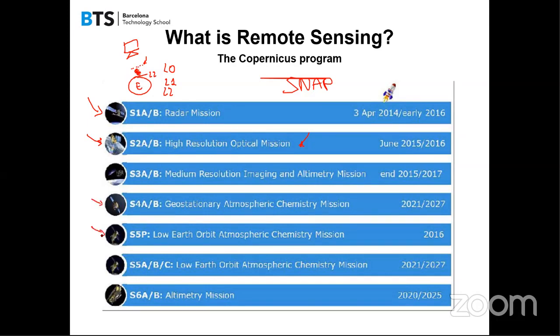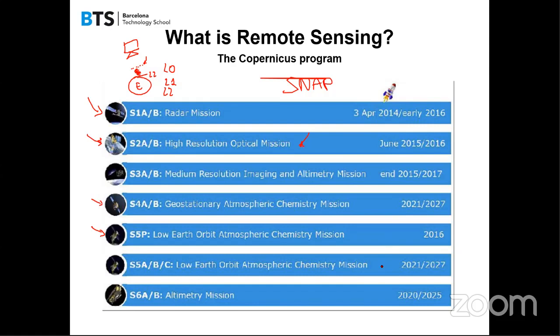And then we have the Sentinel-5P, which is giving a lot of insights on pollution. And there are now some good studies on how the lockdown has affected contaminants suspended in the atmosphere. So I urge you to look at some of those.